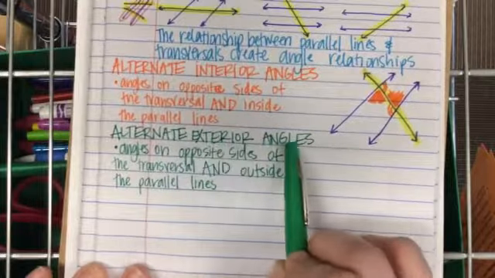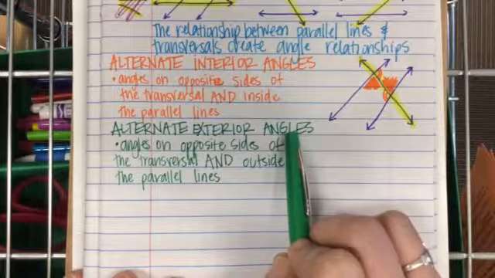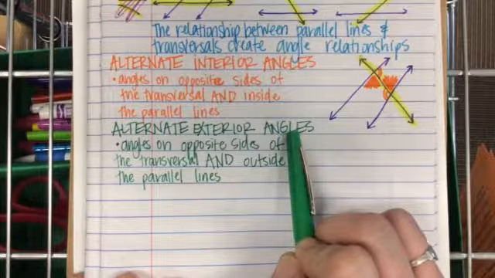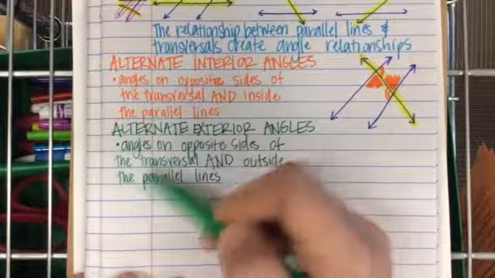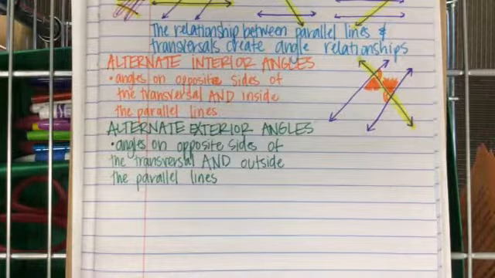All right, we're going to get a different color for alternate exterior angles. I'm using green because mine is green. Shade alternate exterior or make a definition. How do you know which one's going to be alternate exterior?